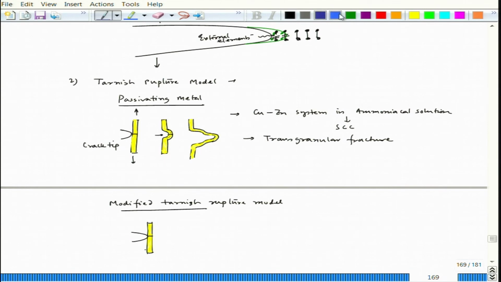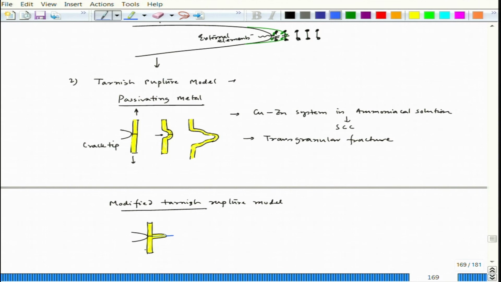So, this is the grain boundary. The film will grow into the grain boundary. This blue color, let us say I am changing the color, is the film growth, and this is the grain boundary.